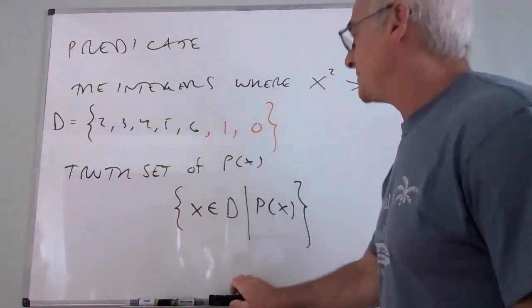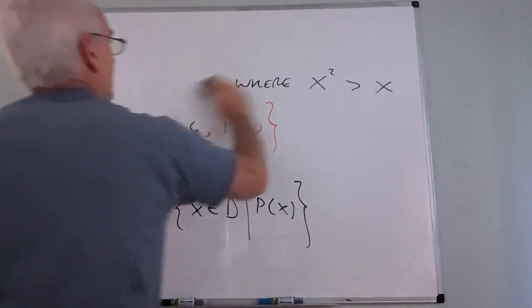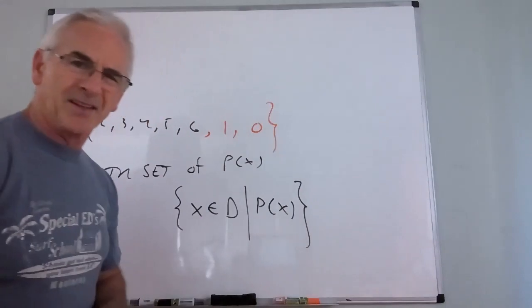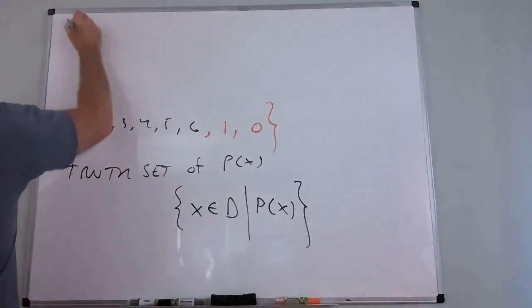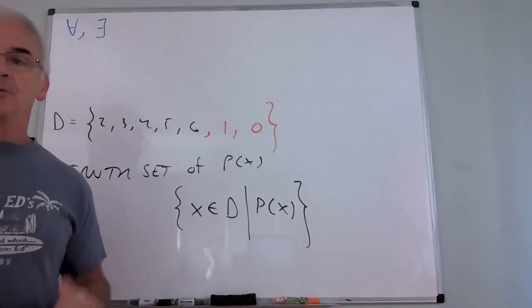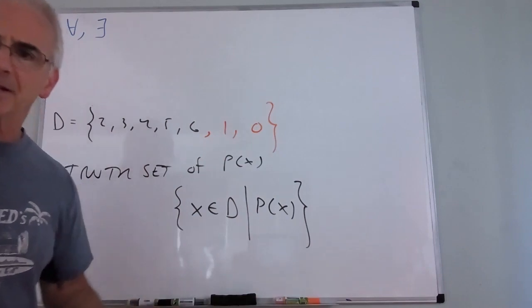So now we want to introduce the quantifiers in this context. And now remember the two symbols, and we're going to use these a lot today: the for all and there exists. We want to introduce these and how we use these in this context.